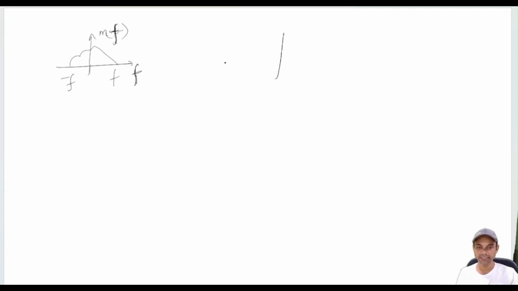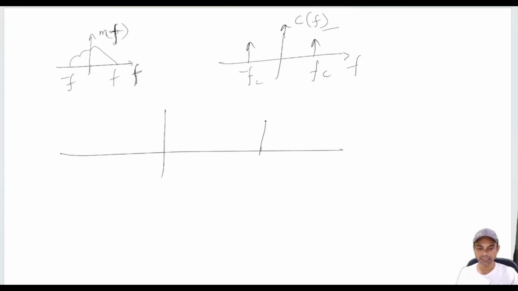Our carrier signal is at fc and minus fc. Then our modulated signal will be like this, at fc, or this is minus fc, and we will superimpose this message signal here.